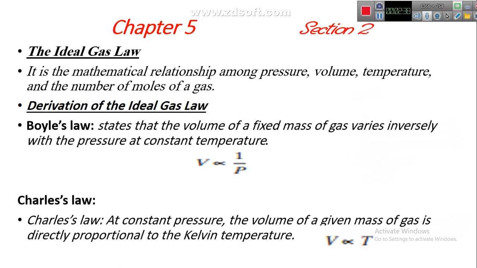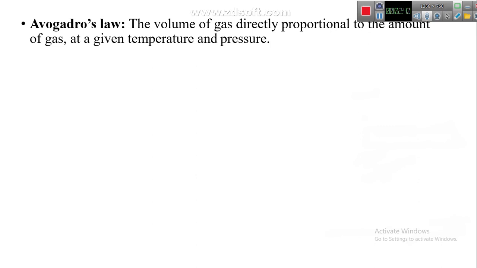Avogadro's law is the relation between volume and the amount of substance, or number of moles, also directly proportional. The volume of gas is directly proportional to the amount of gas at a given temperature and pressure.